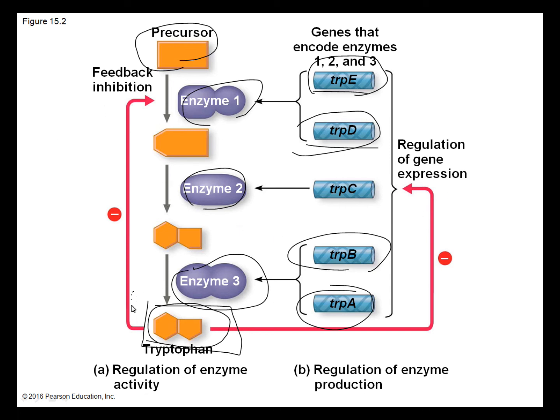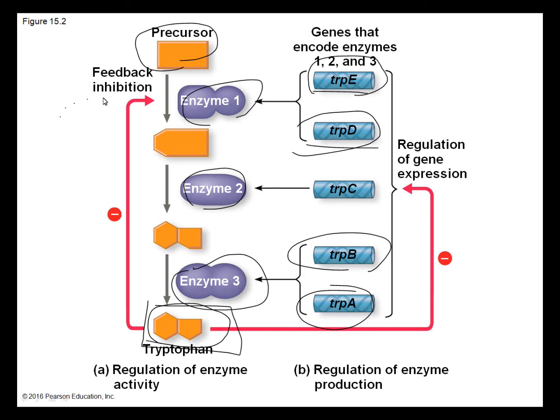And once you have production, if you have enough tryptophan, you do not want to waste all your resources on producing it. If you have too much tryptophan, that doesn't do much, and you want to put the limited resources to something else. So that's why you want to shut down the system.